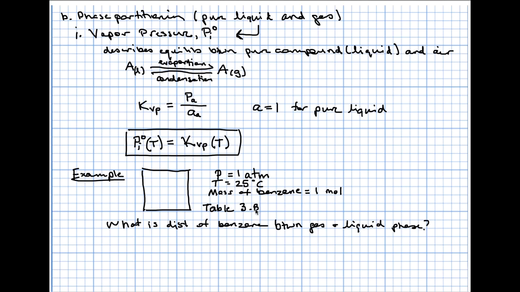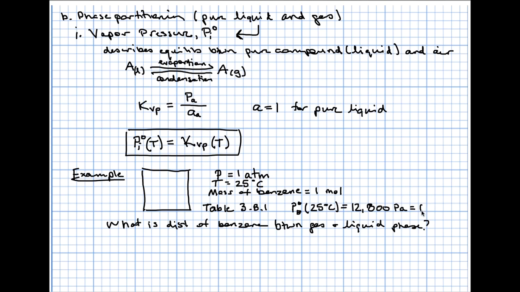So in table 3.b.1, we can look up the vapor pressure for benzene at 25 degrees C, which is equal to 12,800 pascals.